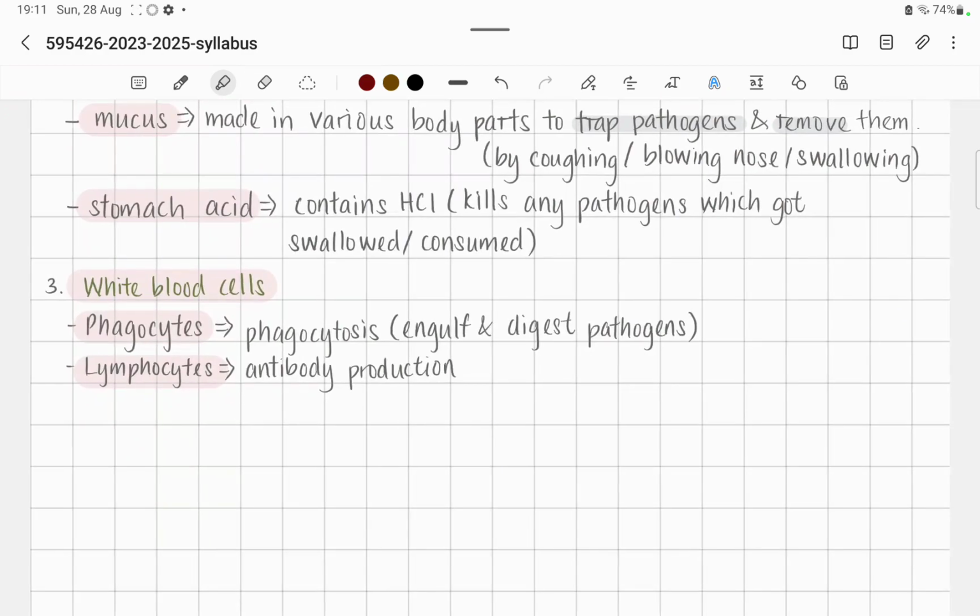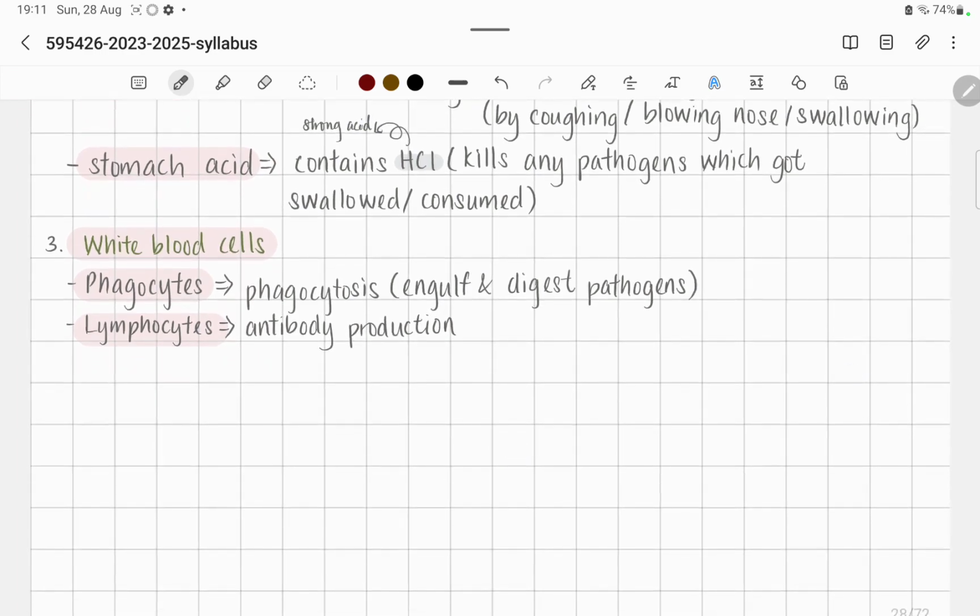Stomach acid contains HCl that kills any pathogens which got swallowed or consumed. Why is HCl able to kill pathogens? Because it is a very strong acid. This is related to chemistry chapter 7.